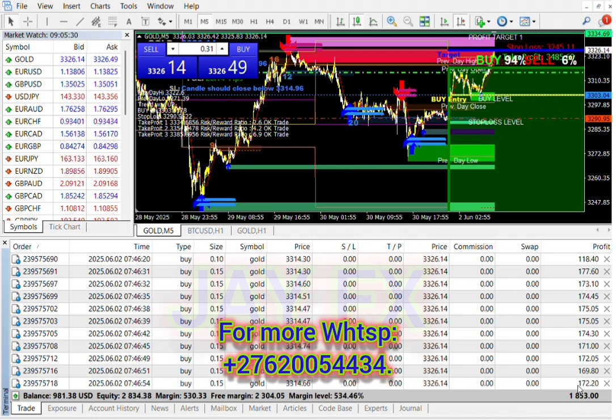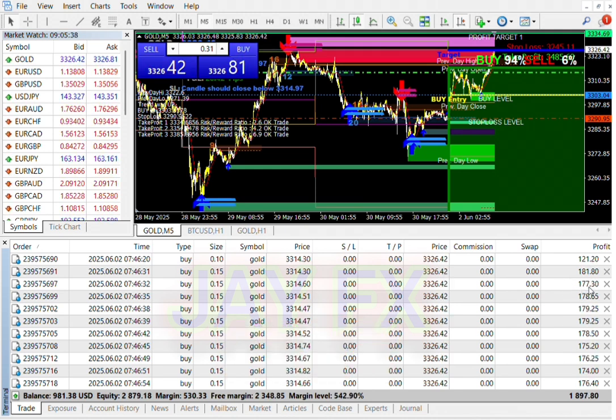Until now, we have 1.8 as a profit. As you can see, each position holds $179. So we bought gold with 0.15 as a lot size, this gold that we are trading, and we bought it at this price.